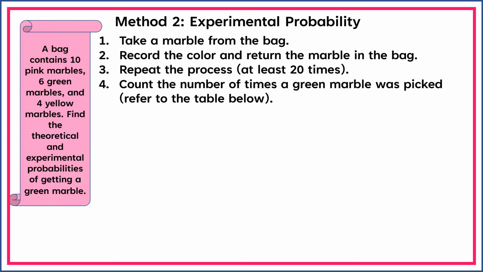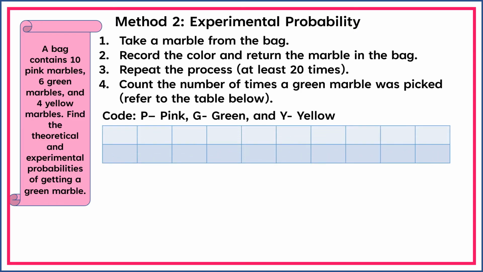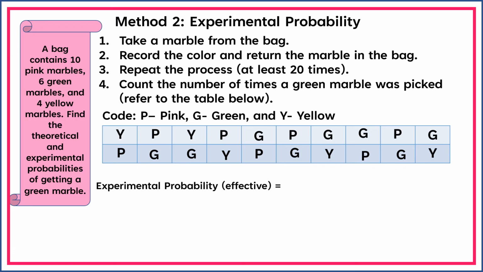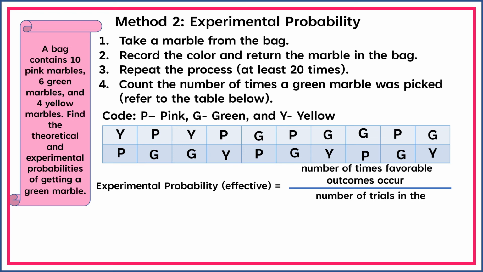Refer to the table below. Experimental probability of an event is equal to number of times favorable outcomes occur divided by number of trials in the experiment.